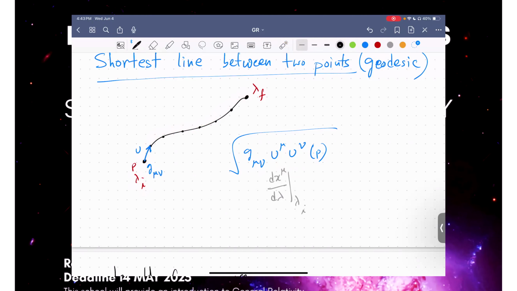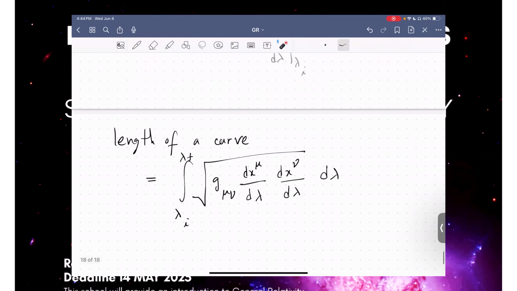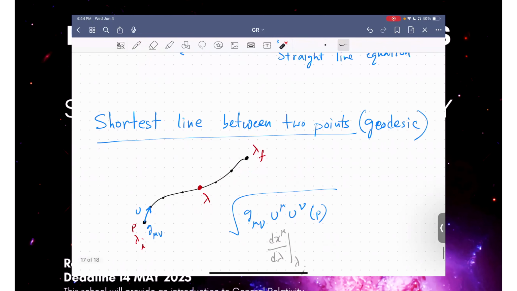So for some value in between, say you're here, so here you have some lambda. Then this expression inside, including the square root, is nothing but the norm of this tangent vector.